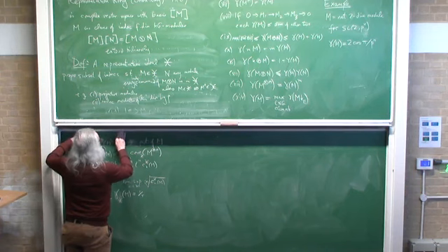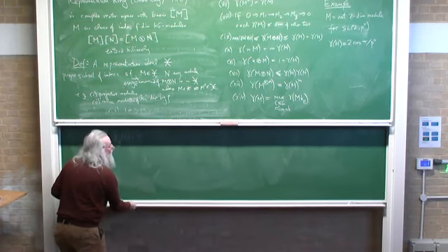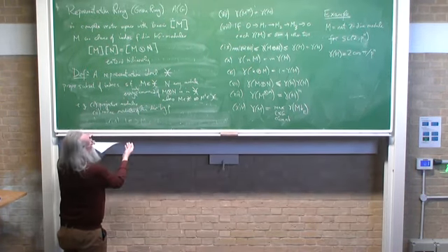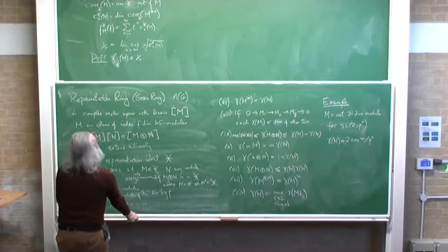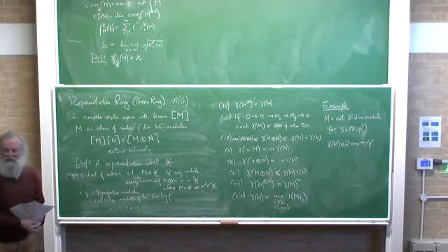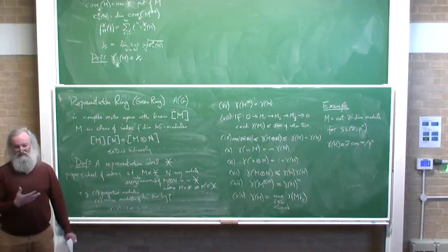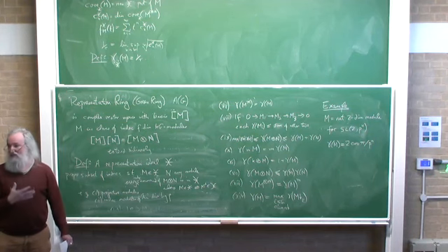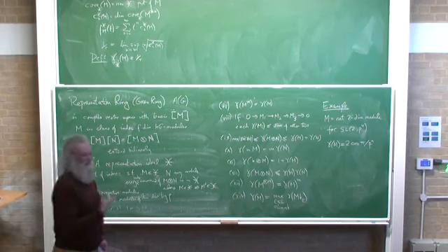So what does the representation ring allow us to do with this invariant? Well, we're going to complete the representation ring with respect to a certain norm, and then treat it as a commutative Banach algebra. That's what we're going to do.